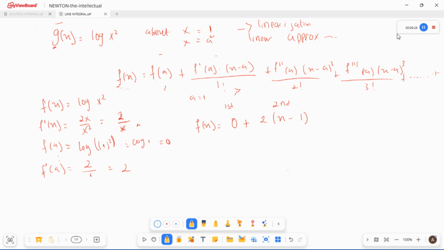Once we get to the second term, we stop, right? So we have f of x equal to 0 plus 2 times x minus 1. So this is going to be our final answer. Or your final answer could also be 2 into bracket of x minus 1, depending on the options that you see. Whichever one is the answer. So this is the linear approximation of g of x is equal to log x squared.